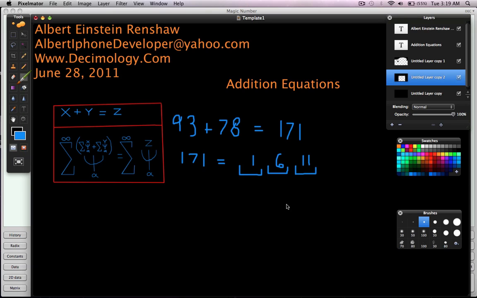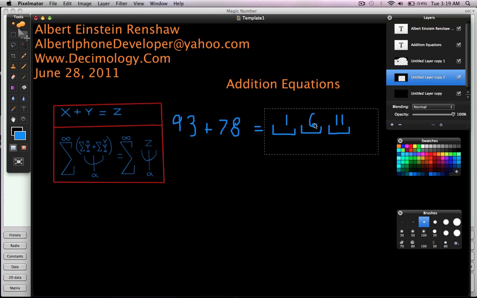So instead of saying 93 plus 78 equals 171, we'll say 93 plus 78 equals 16011. That's a 3-digit number, right? If you haven't seen the digit notation video, you might want to go watch that after this.